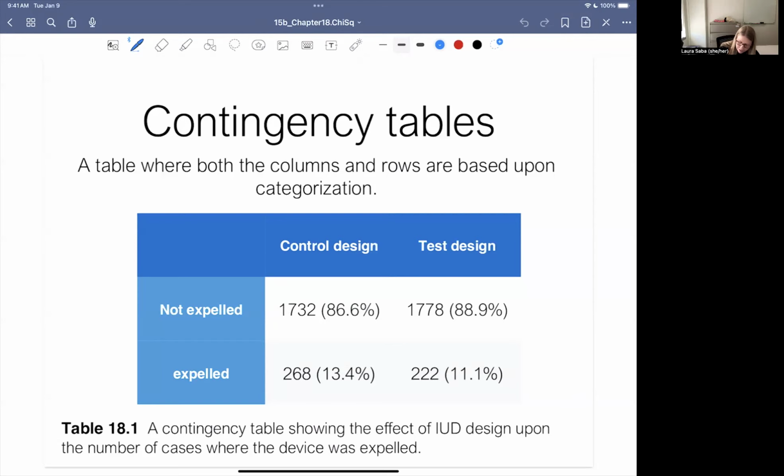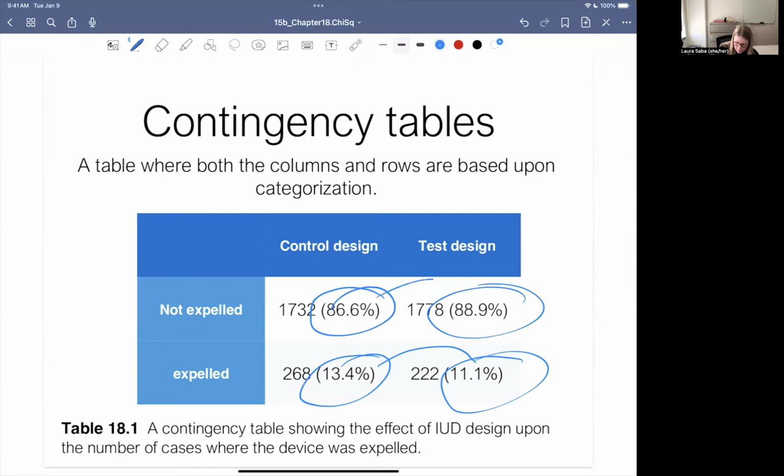So we want to compare this 13% to this 11% and ask, are those significantly different? Or this 87% to this 89%. You're going to get the same answer statistically with p-values if you think of it conceptually as comparing the proportion expelled as you would comparing the proportions that were not expelled.